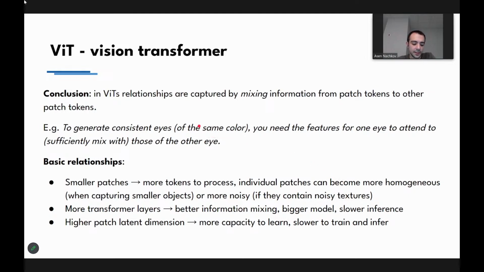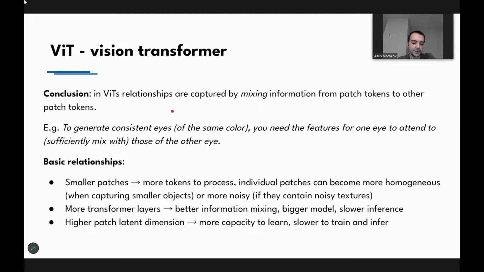So I'd like to stress that VITs work by mixing information from one patch token to the other patch tokens. And typically, the gain in performance comes from precisely this, establishing correlations between different visual tokens from one end of the image to the other one.